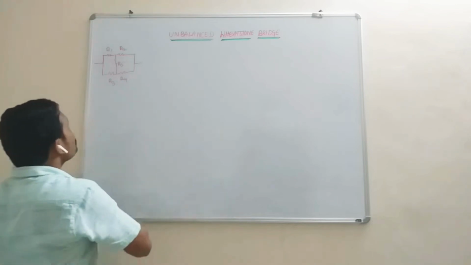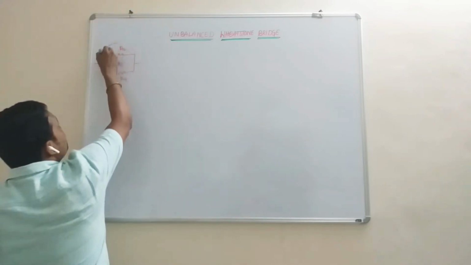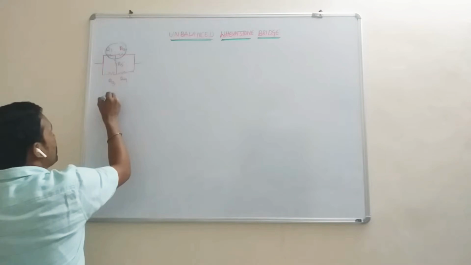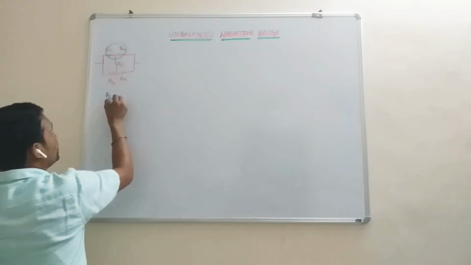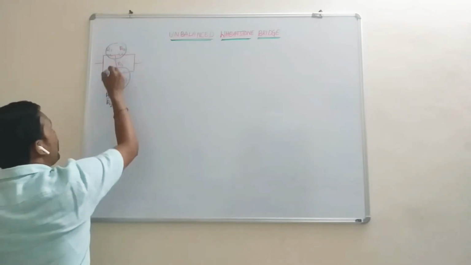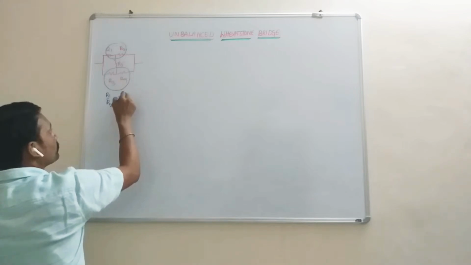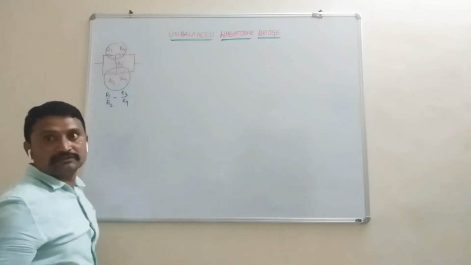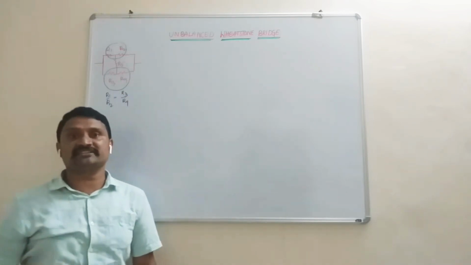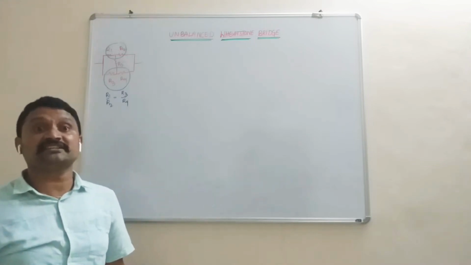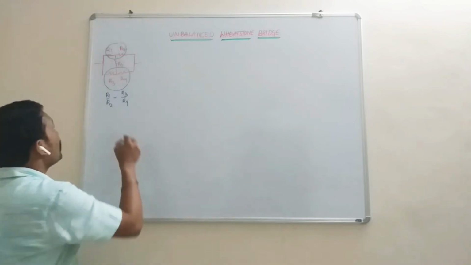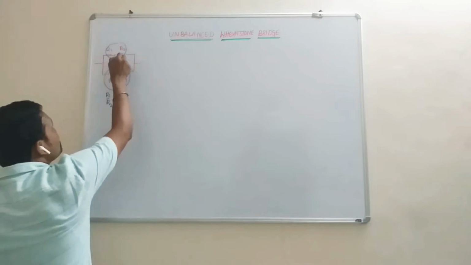If the ratio between adjacent resistors, that is R1 by R2 equals R3 by R4, the ratios between adjacent resistors are equal. Now this intermediate resistance does not work.